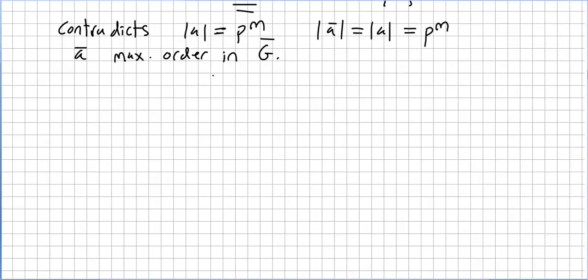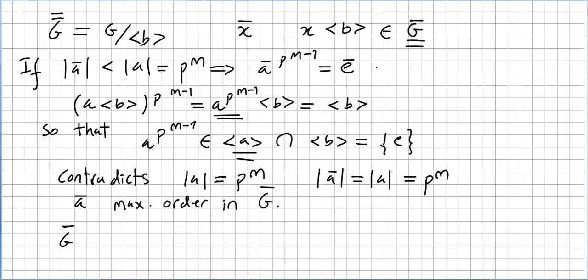Since that is true, we are going to use induction again, because we know that this G bar can be written in the form of the set generated by A bar times K bar, for a subgroup K bar. K bar is a subgroup of G bar.